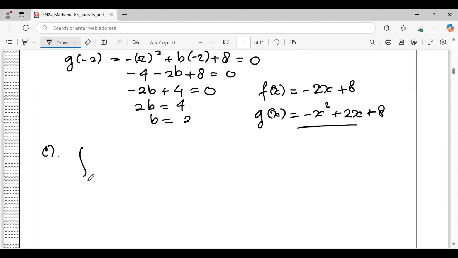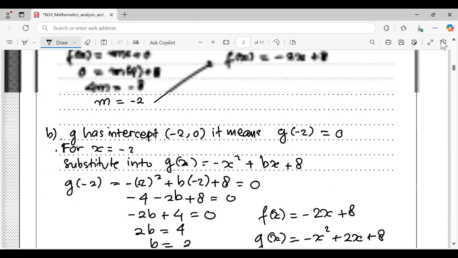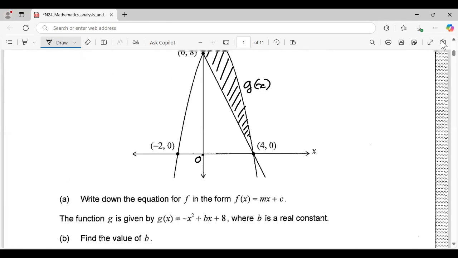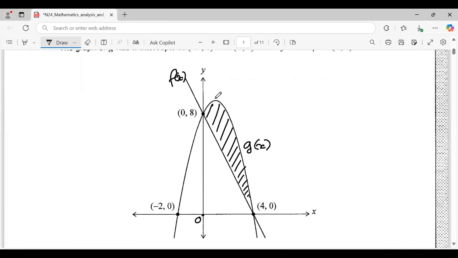Now for the integral from 0 to 4, because x is from 0 to 4, the area is gx minus fx dx. If you look at the position on this graph, gx is above, so gx minus fx.